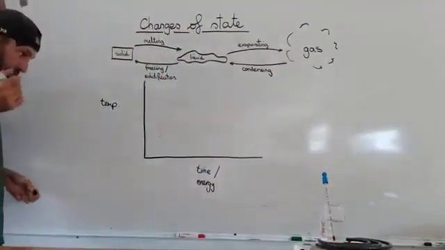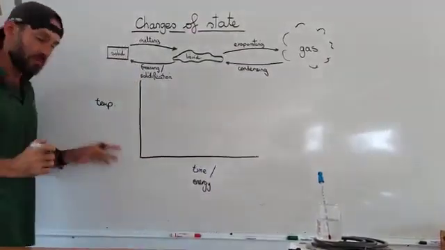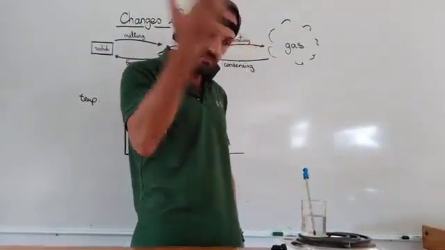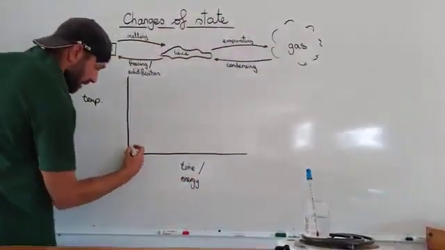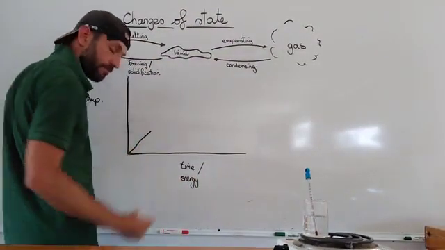Okay? So I'm going to start the graph at the bottom here, and I'm going to pretend that this water here was an ice cube 20 minutes ago and I heated it up. Now what happened? The ice cube got warmer and warmer and warmer.